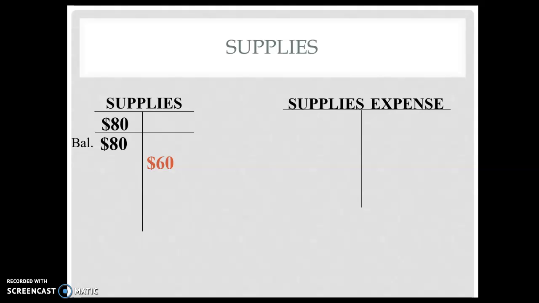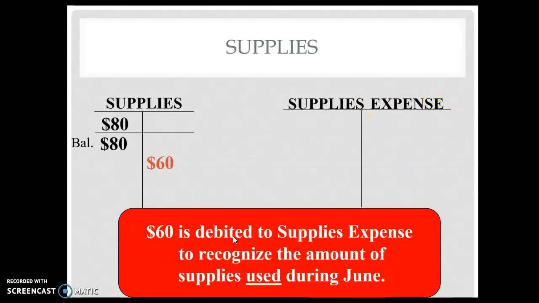What are we going to debit? Well, our debits always have to equal our credits. So what are we going to debit? Whenever we use something, that's an expense. So we're going to have an account called supplies expense, and that's where the $60 is going to go to show that we used $60.